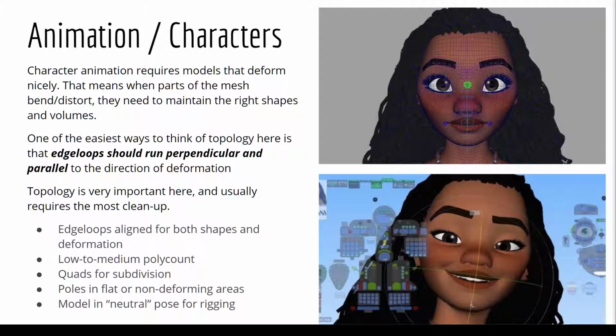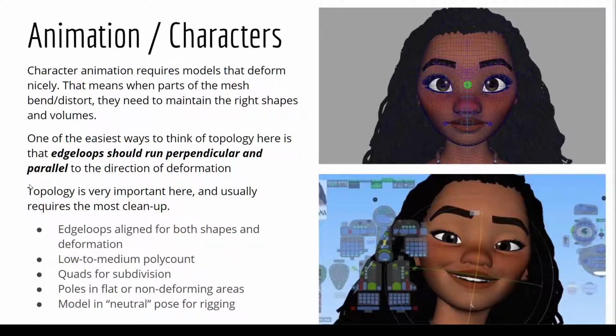That topology is needed to support the pose they're going to hit and the volumes and shapes they're going to make. You can see in this example with Moana, when she makes this smile, we want that little smile crease and that bulging out of the cheek fat right there when she smiles. And so that topology needs to support that.